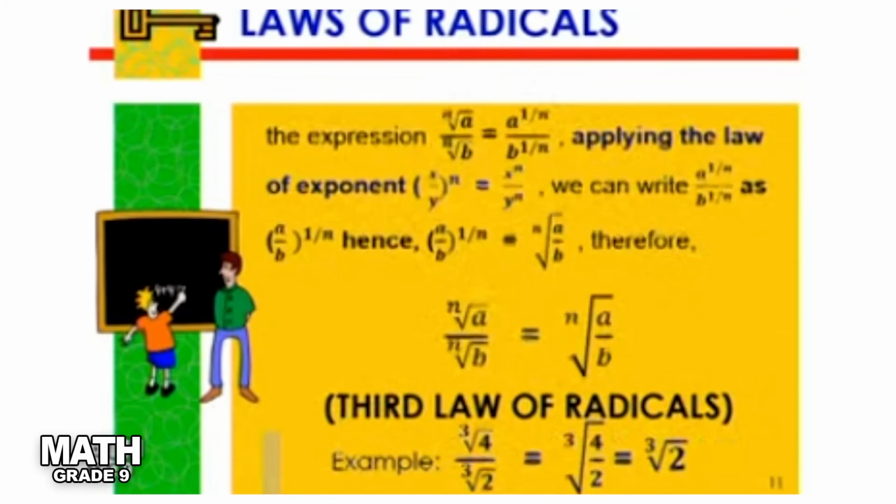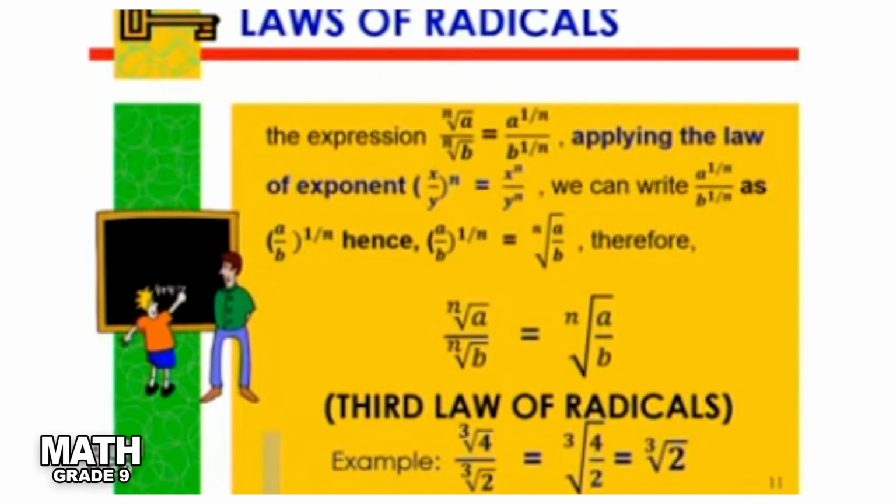Another point to consider is the expression the nth root of A divided by the nth root of B is equal to A raised to 1 over n divided by B raised to 1 over n.